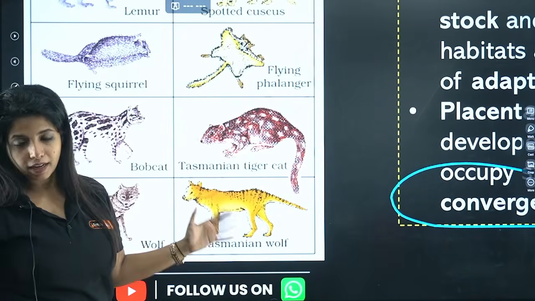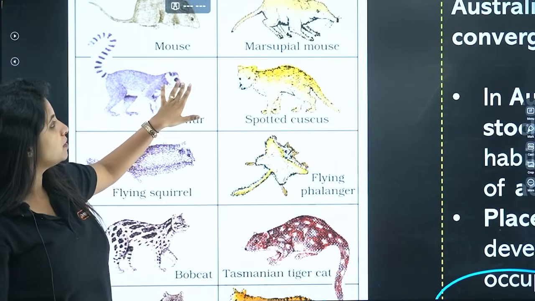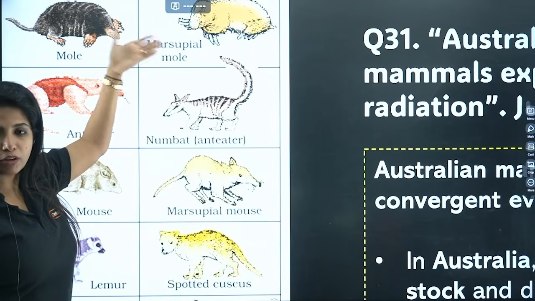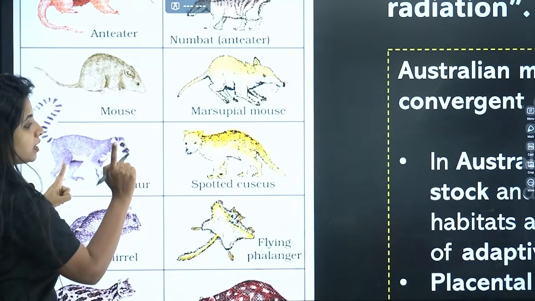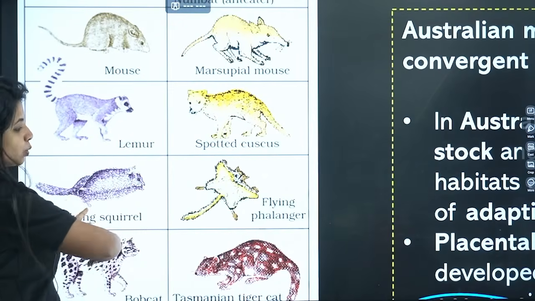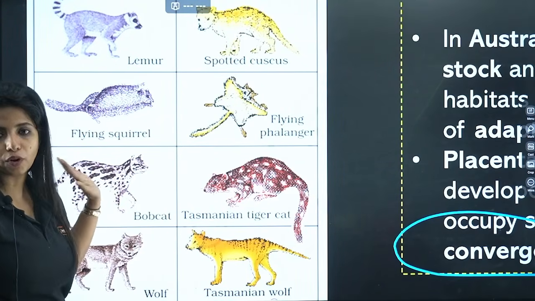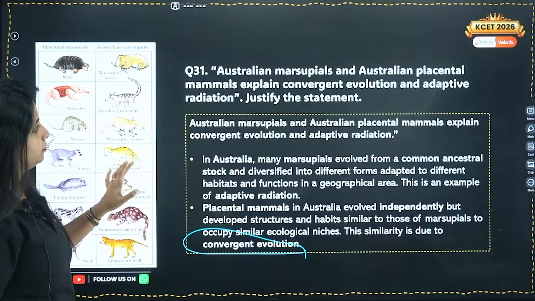Wolf, Tasmanian wolf is there. Always remember that on the placental mammal side you will have smaller names, and most of them are alternative names, rhyming, like mole and marsupial mole. Anteater and numbat is different. Lemur and spotted cuscus is different. Flying squirrel and flying phalanger is different. The rest have cat, wolf and so on. So please go through it. It can also be a question.